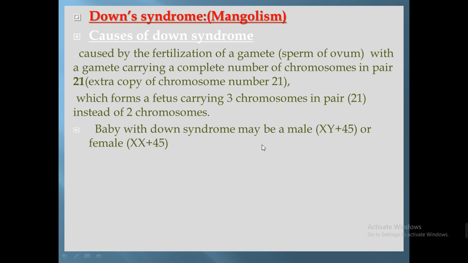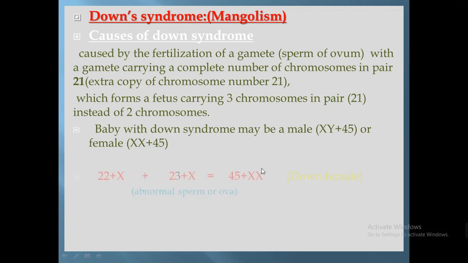It doesn't depend on any one of them. It may occur due to genetic disturbance in the sperm or genetic disturbance in the ovum. And take care that this syndrome occurs on the somatic chromosomes or autosomes, the first 22 chromosomes, not the last chromosome, not the sex chromosome.